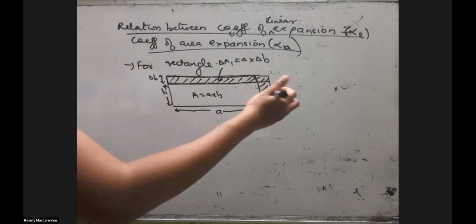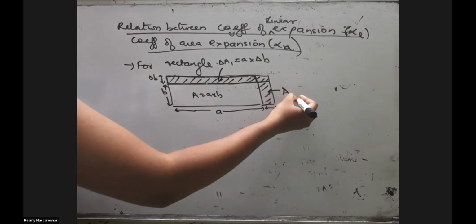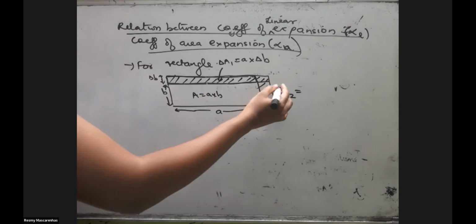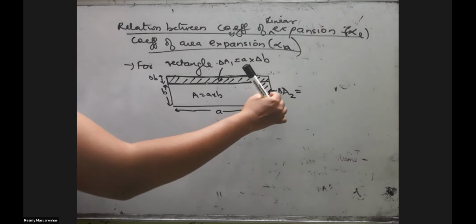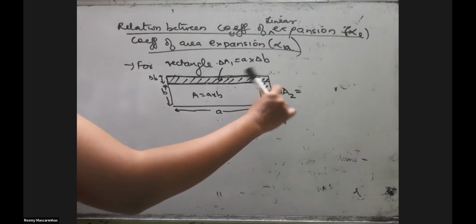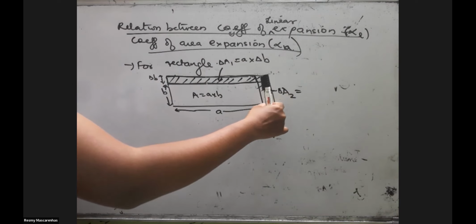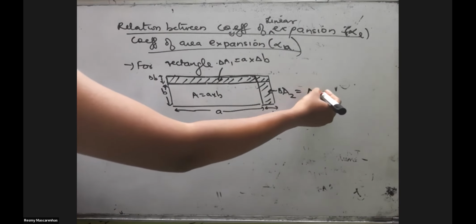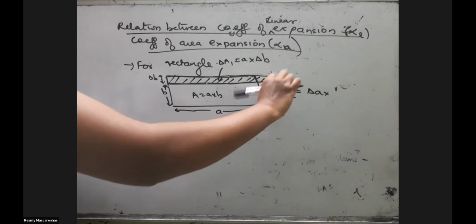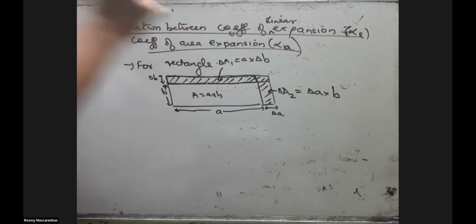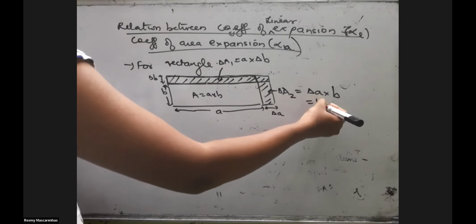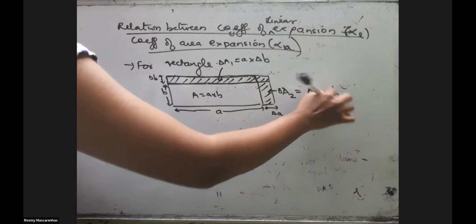In the same way, see what is delta A2, the change in area. What is this one's length? This one's length would be delta A and this would be the breadth, or B into delta A, whichever way. Either you write this first or that.